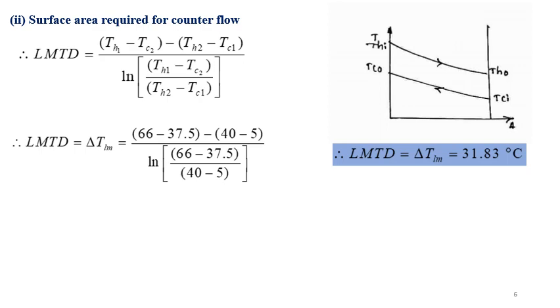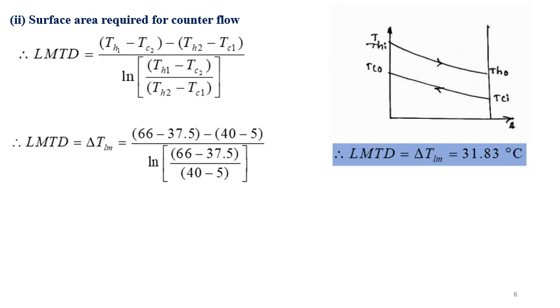Now you can observe the delta TLM value for counter flow and parallel flow. Sorry, for this equation the LMTD is 31.83 degrees centigrade.